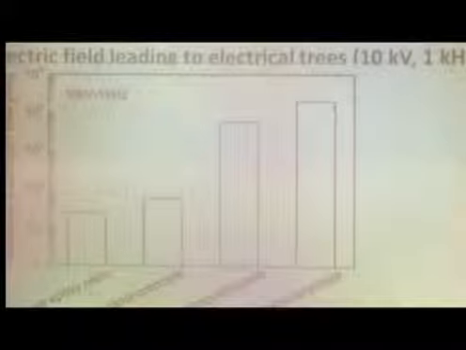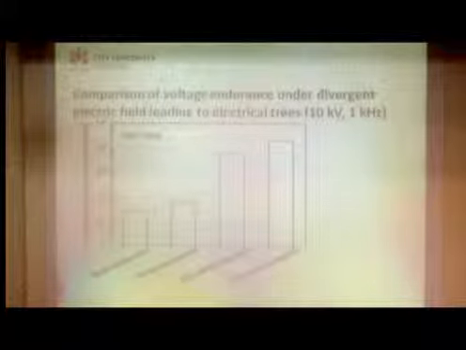And there's other work by, for example, IMI here. There are quite a lot of papers you could find where the insulation breakdown time due to electrical trees is substantially increased in the case of nanoparticles.